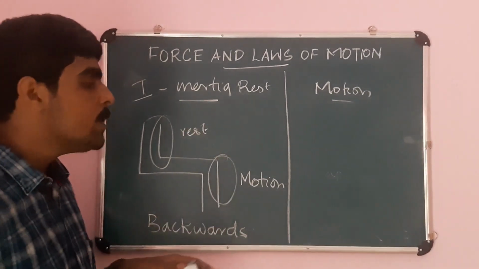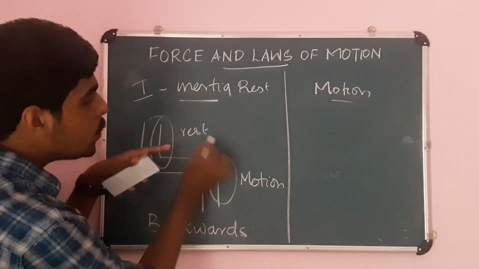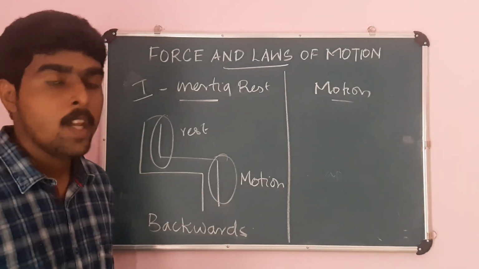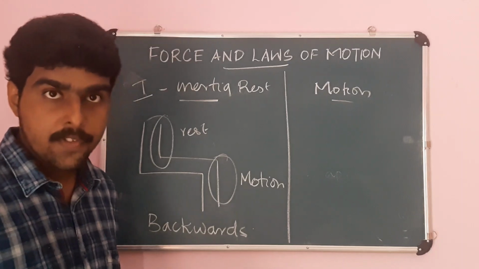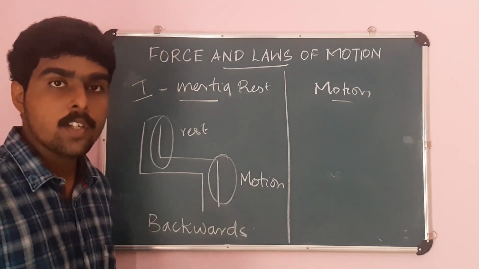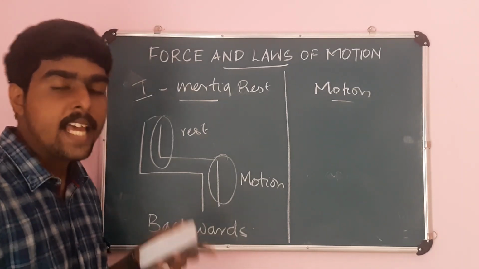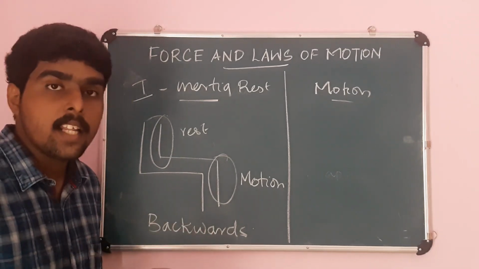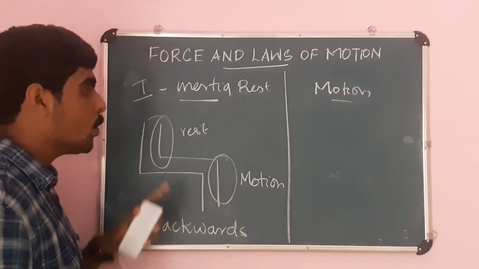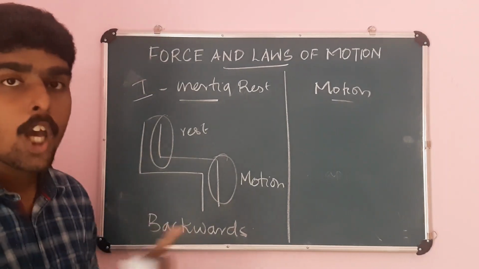Since there are two states happening at the same time, the upper portion will try to resist that change of state. That resisting force is the inertia of rest. That's why a person sitting inside the bus falls backwards when the bus starts suddenly. So hope you understood the inertia of rest.